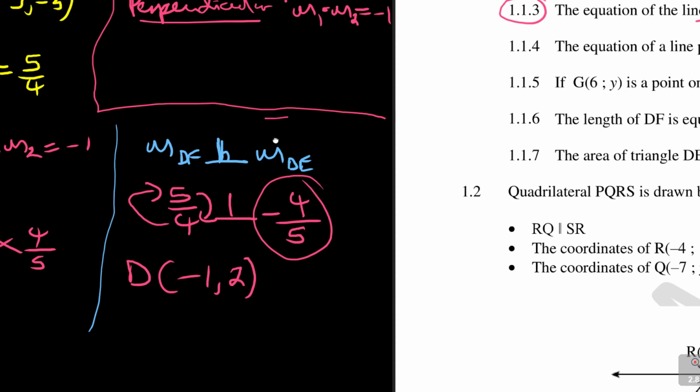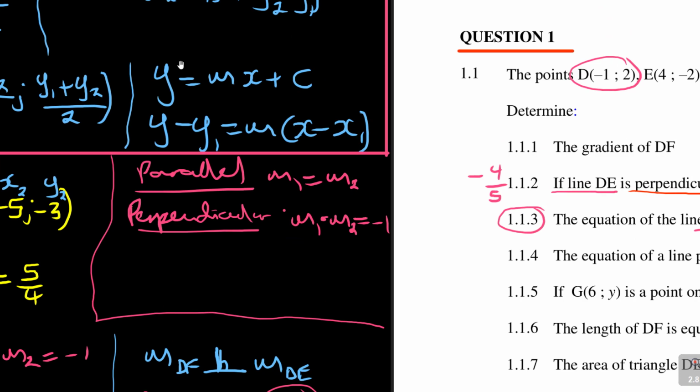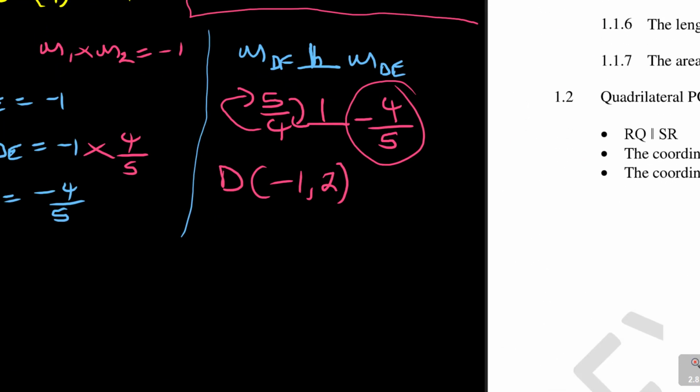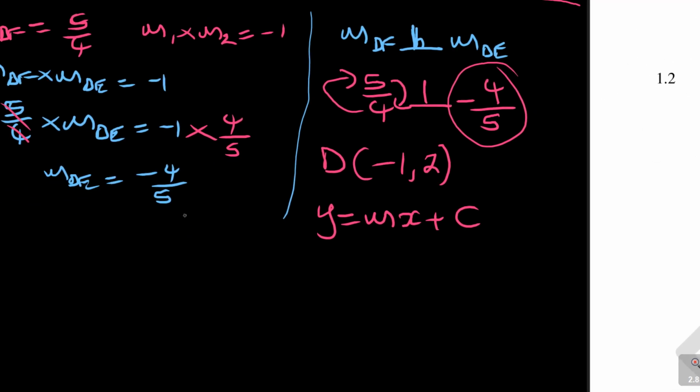Now remember the equation of a line, we did say I prefer to use the first one, y equals mx plus c. So I say y is mx plus c. Remember I know the gradient of DE, that is what they're talking about. I've got my x here on point D, and then I've got my y.